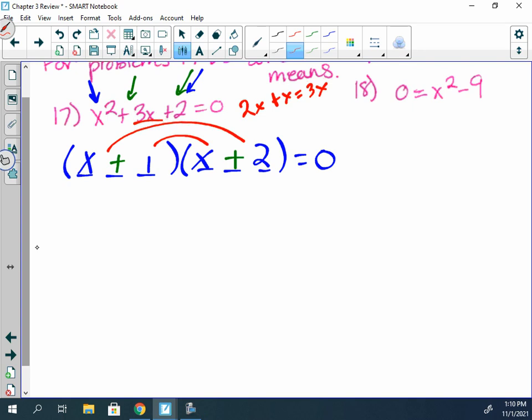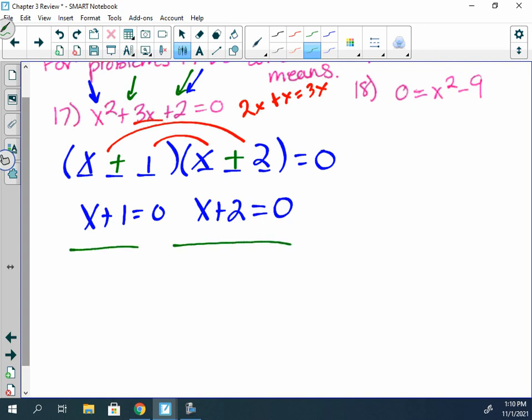Now, according to the zero product property, anytime we have 2 or more things multiplied together equals 0, one of them must be 0. So we're saying that either x plus 1 is equal to 0, or x plus 2 is equal to 0. Now at this point, we just need to solve for the value of x.